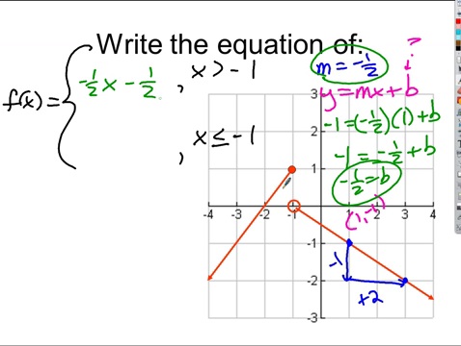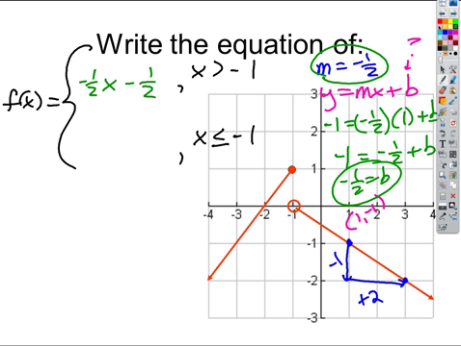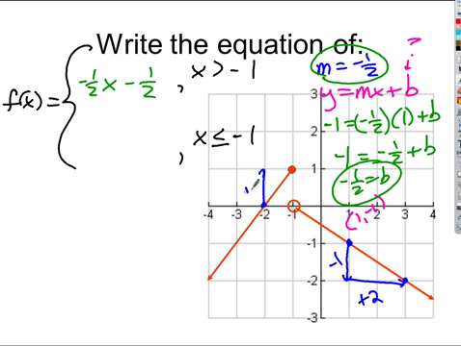Now what about this guy over here? So what's the slope this time? It looks like it's 1, doesn't it? It's rising by 1 and running by 1. So on this side, I know m equals 1.